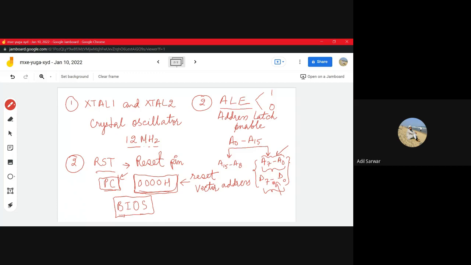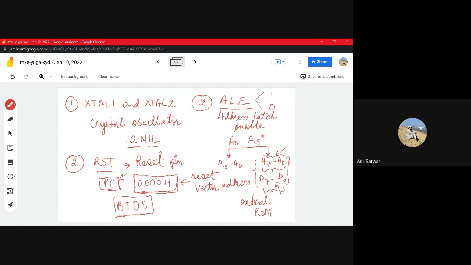Again, this will be much clearer when we do some programming. And I should tell you here that the address bus and data bus are normally required when we are doing programming with external RAM and external ROM. In that case, we need to send the address.